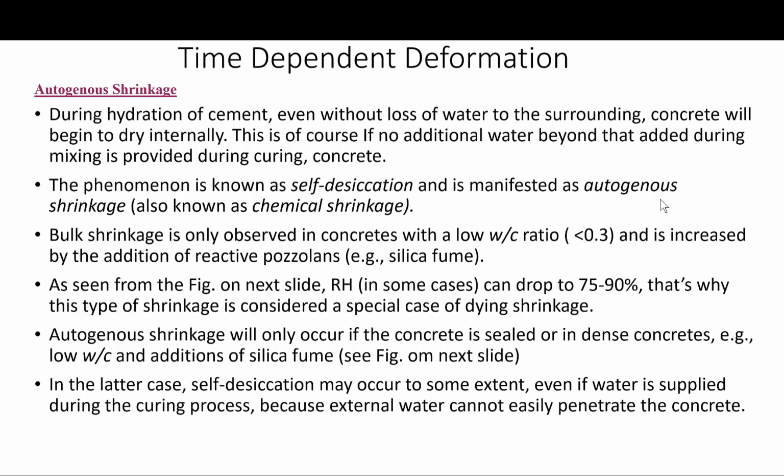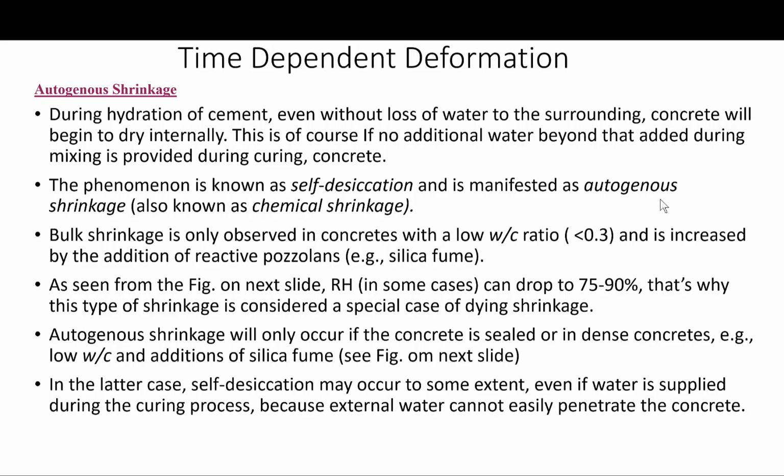However, bulk shrinkage is only observed in concretes with low water cement ratio, maybe below 0.3, and this shrinkage is increased by the addition of reactive pozzolans, especially silica fume. So the phenomenon is known as self-desiccation and it is manifested as autogenous shrinkage, also known as chemical shrinkage.